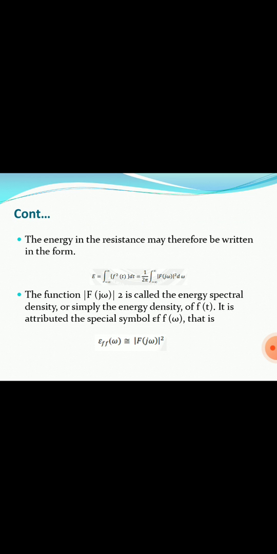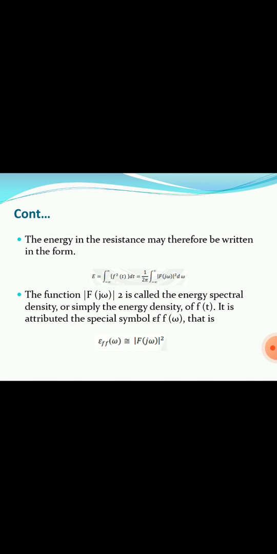Next, the energy in the resistance can be written as, the resistance value being 1, E equal to integral from minus infinity to infinity of f squared(t) dt equal to 1 by 2 pi integral from minus infinity to infinity of modulus of F(j omega) the whole squared, d omega.